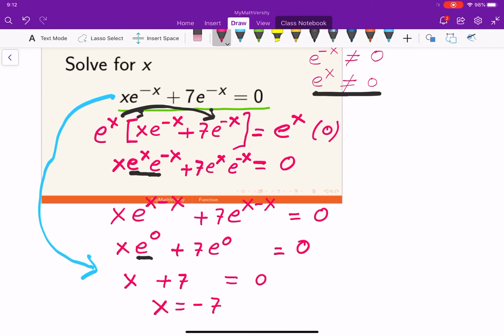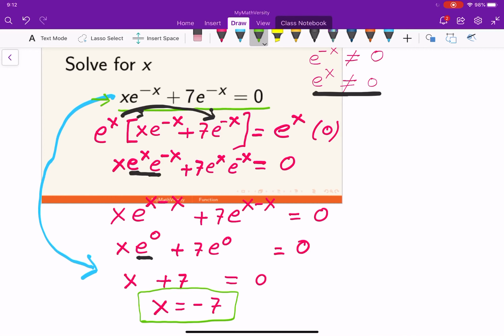We can double check if that is exactly the solution by plugging this number into the given equation. You can do that, but right now I can just say this will certainly satisfy that equation. So x equal to minus 7 is the solution of this equation.